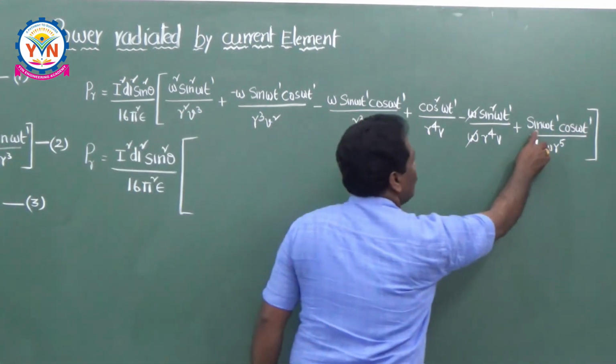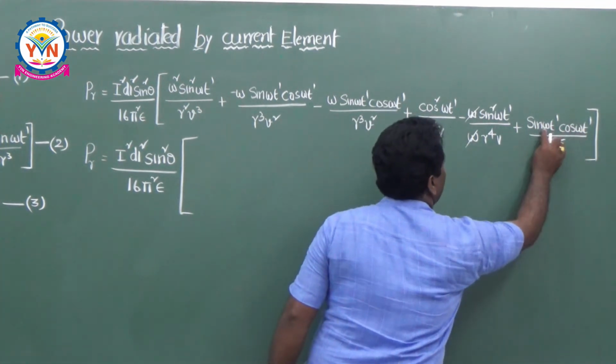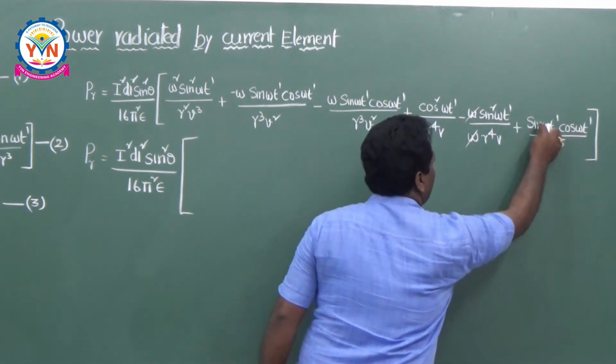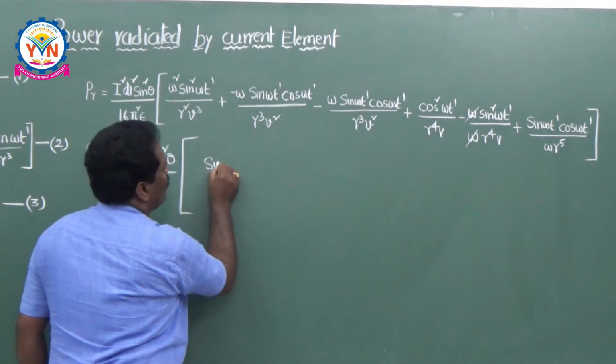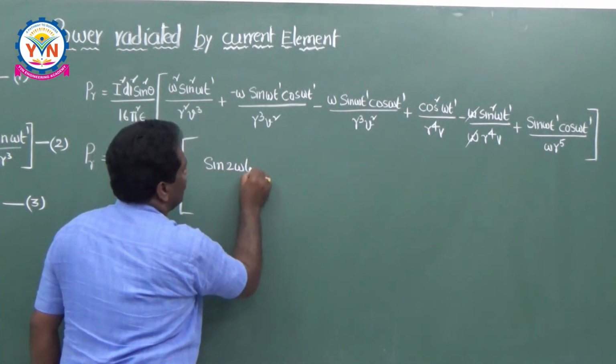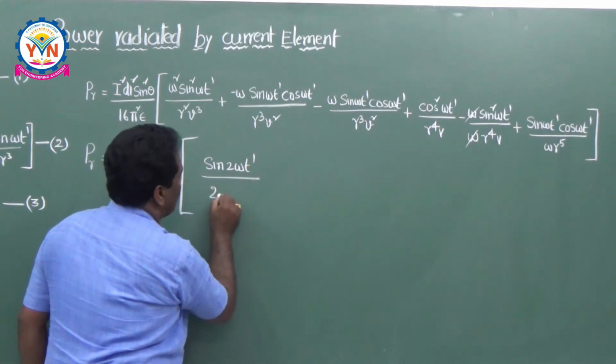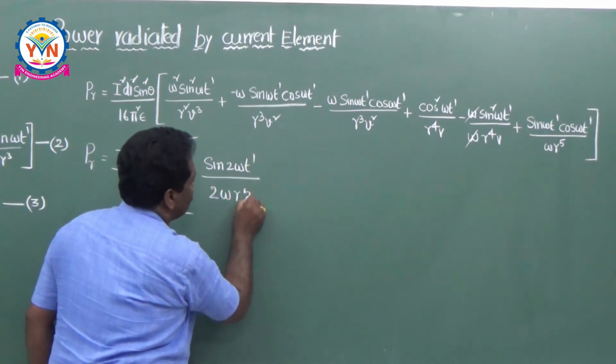Here you see sin omega t dash cos omega t, sin theta cos theta, sin 2 theta by 2. So you can say that this is sin 2 omega t dash divided by 2 omega r to the power of 5.